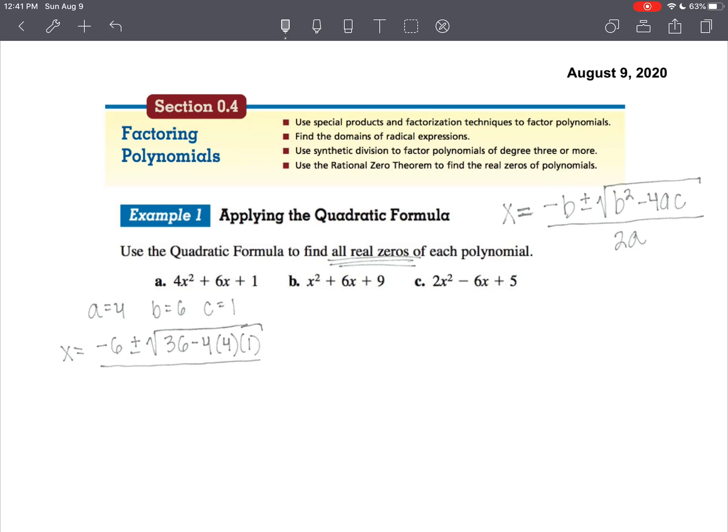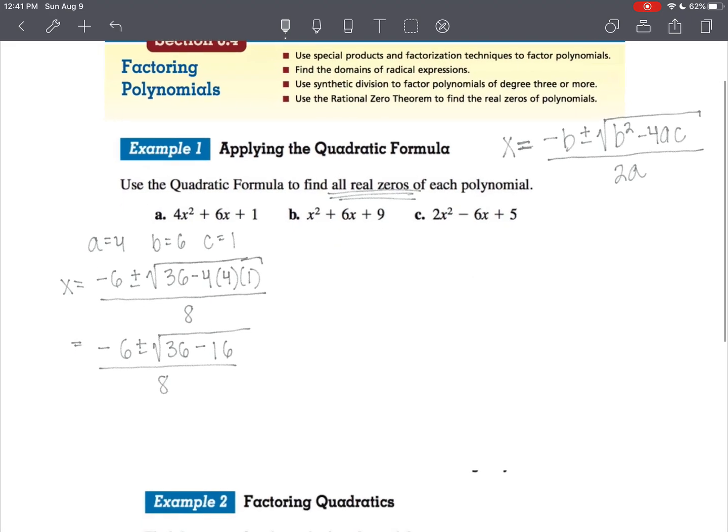And that's the extent of what I do in my head. I literally write down my problem just like this, times 2A, which would be 8. Negative 6 plus or minus the square root of 36 minus 16 all over 8. Negative 6 plus or minus the square root of 20 all over 8.